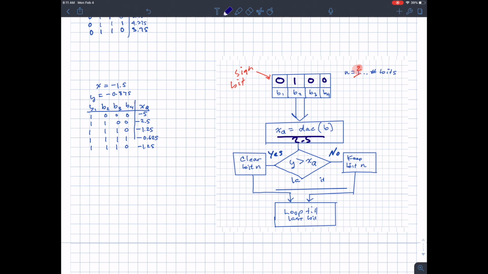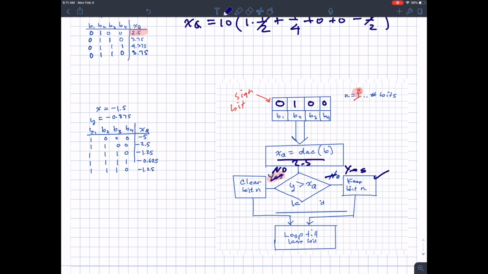I got these reversed, so let's flip that. Sorry, this should be no, and this should be yes. If y is greater than xq, we keep that bit set. If it's not, we would clear it.